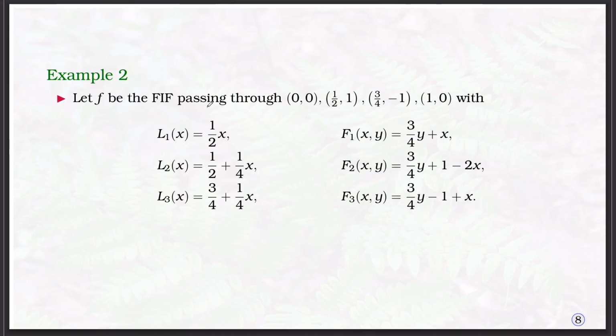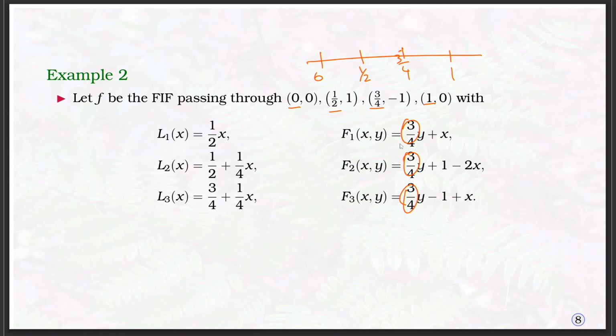Let f be the fractal interpolation function passing through the data 0, 1 by 2, 3 by 4, 1, given at equal distances. If you fix the alpha value, one can find the corresponding iterated function system. Here this iterated function system is obtained by fixing the scaling factor as 3 by 4 in all the intervals. Here the unequal intervals are 0 to 1 by 4, 3 by 4 and 1.